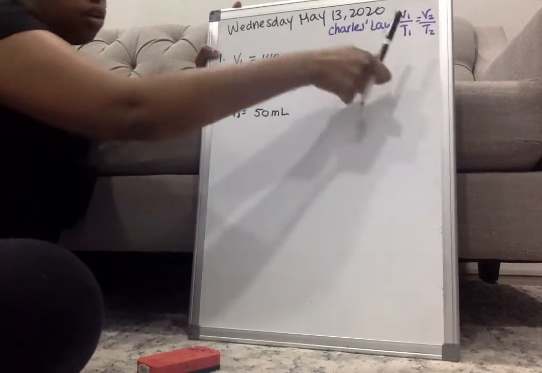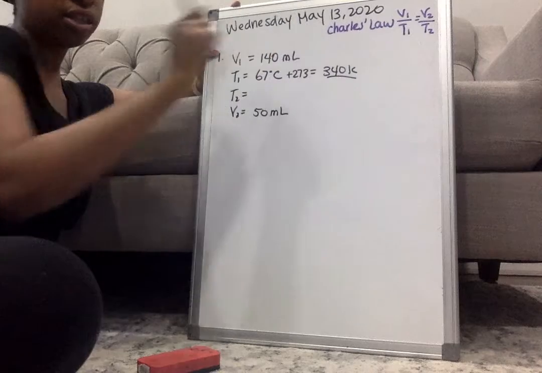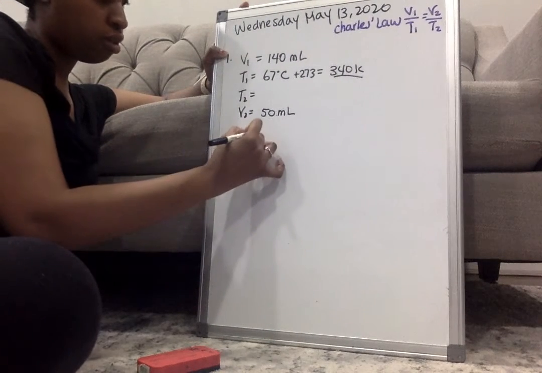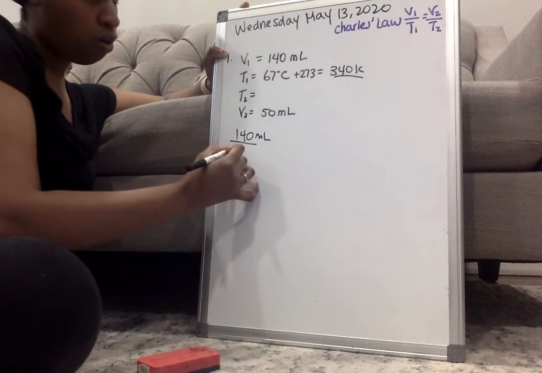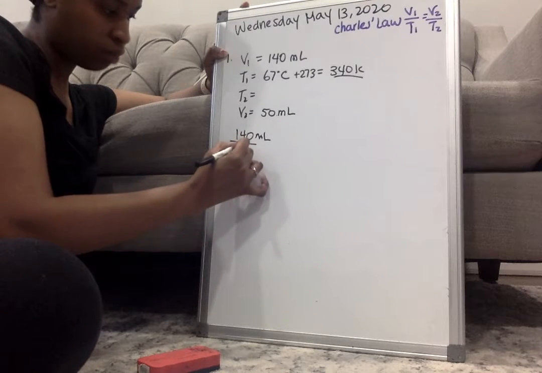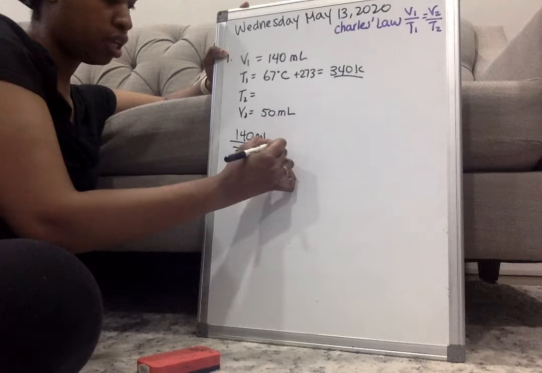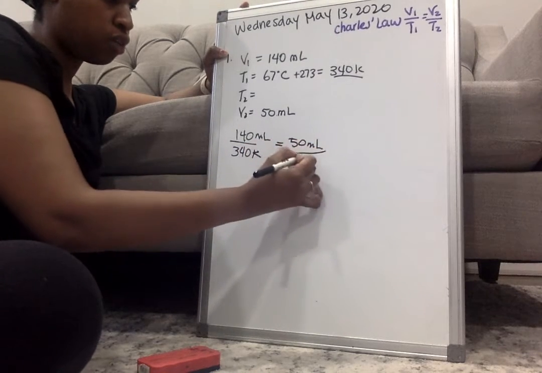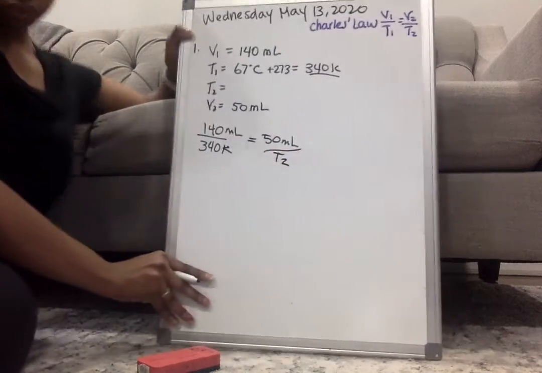Now we plug in our values. This is Charles' Law, right here at the top to remind me. 140 milliliters over 340 Kelvin equals 50 milliliters over T2.